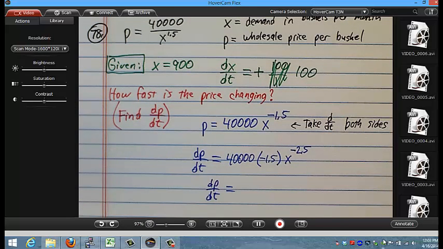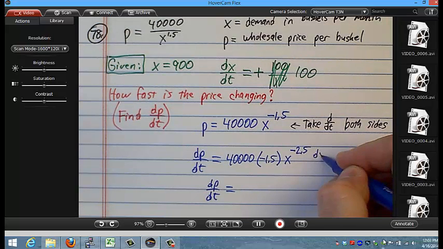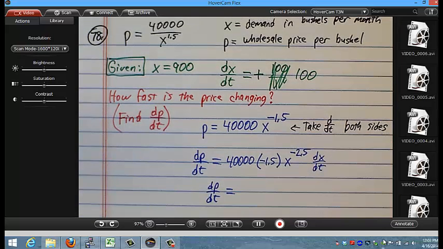What's that? Oh, yeah, I forgot something. What'd I forget? I'm taking d dt of both sides, so I need dx dt. We already know the answer for dx dt. So let's see what we have.